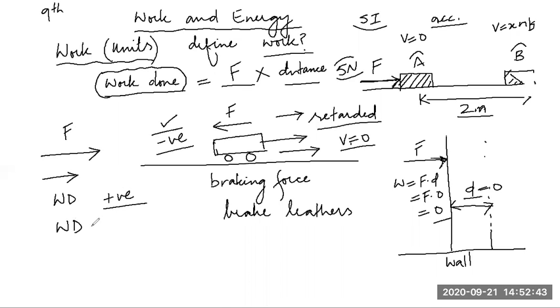Work done is equal to 0 in two cases. What are those two cases? There are two parameters for work done, force and distance.